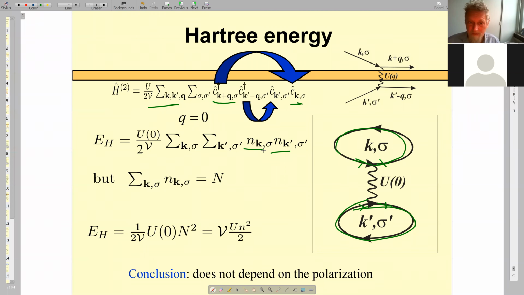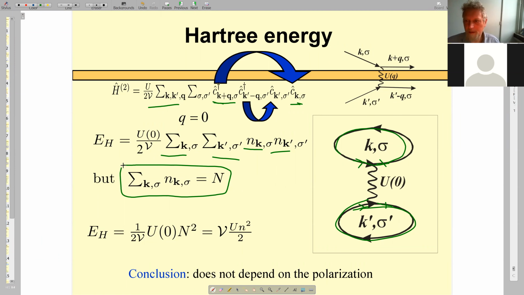Perhaps you may recall what Miriam told you last time about double sums. So there is a sum over K and K prime. But if you look carefully, you understand that this is just the square of a single sum. And we know the sum is just the full number of particles.